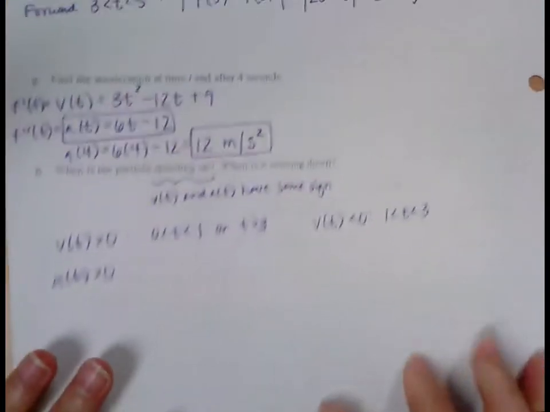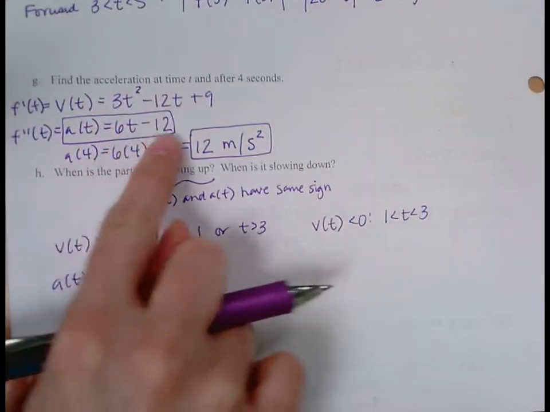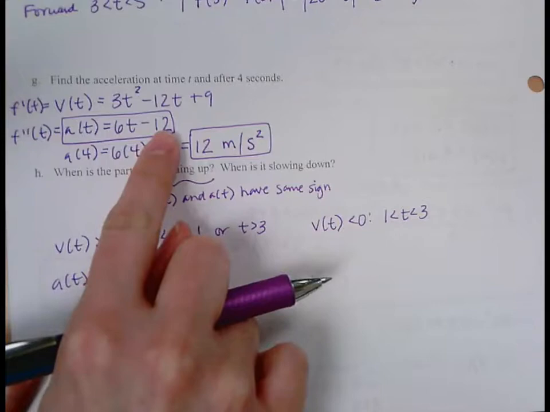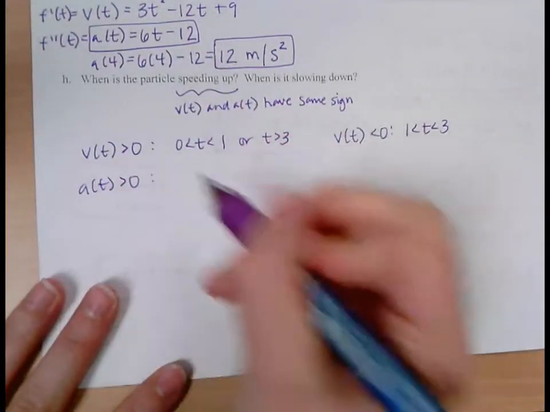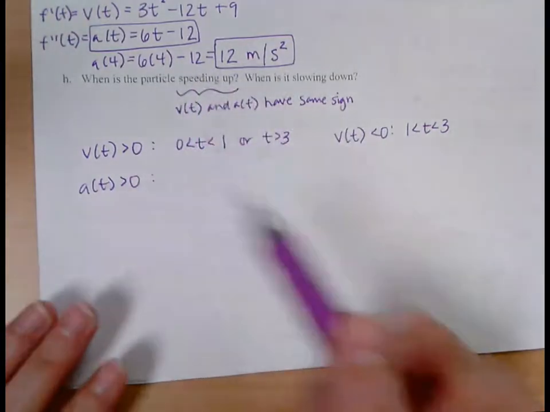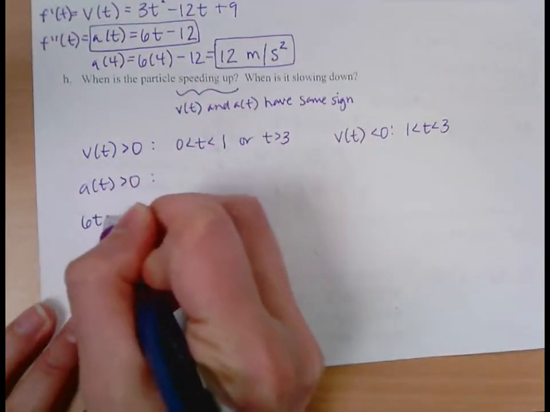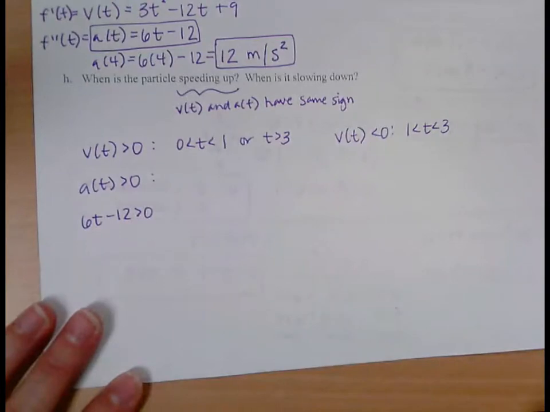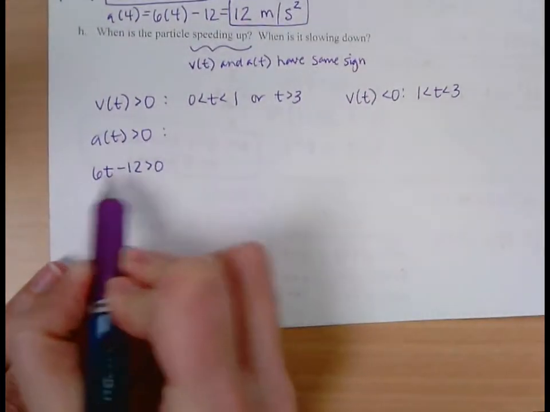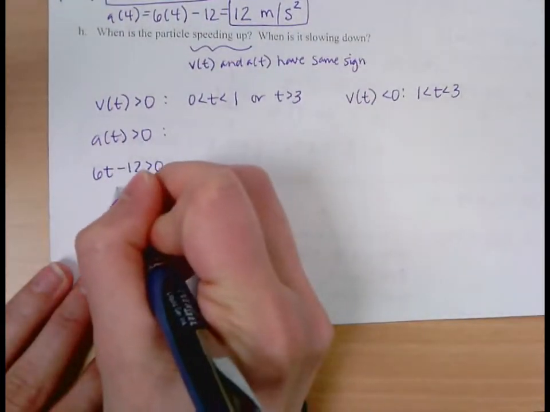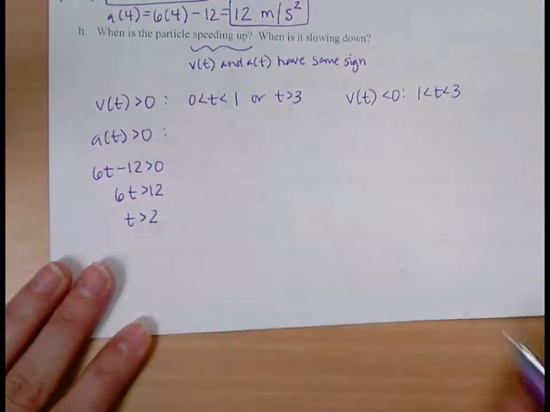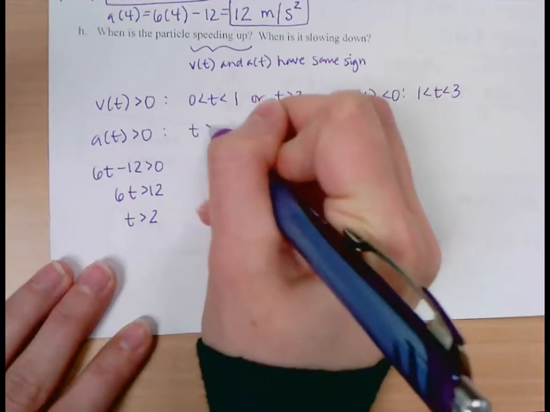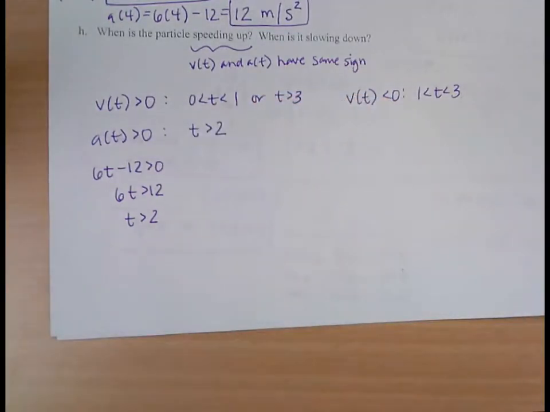So if we have our acceleration here, acceleration is 6t minus 12. So acceleration will be positive when 6t minus 12 is positive. And if we solve that for t, that would be when 6t is greater than 12, so when t is greater than 2. So that's when the acceleration is positive.